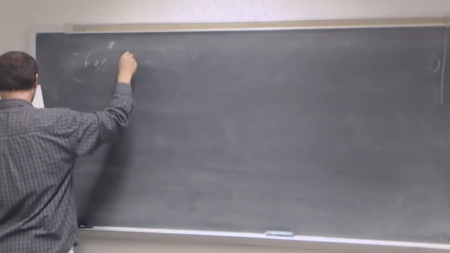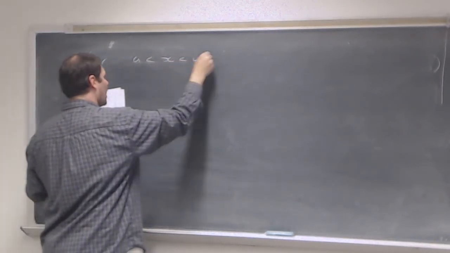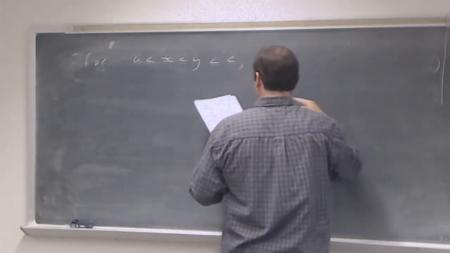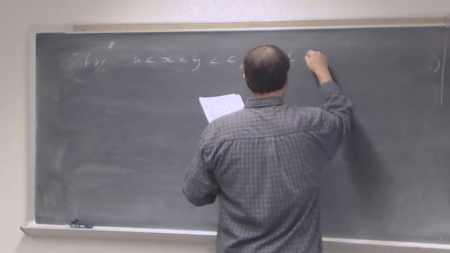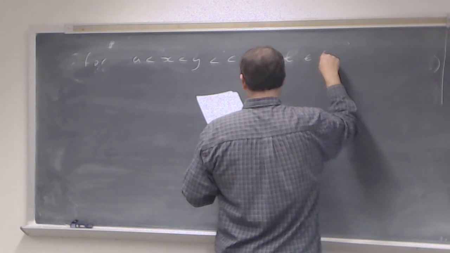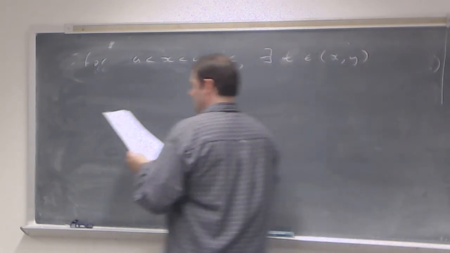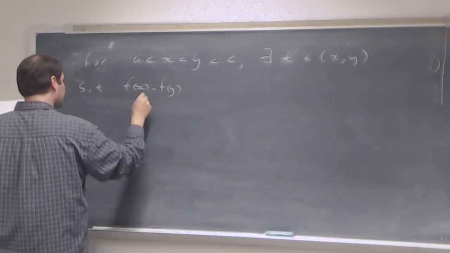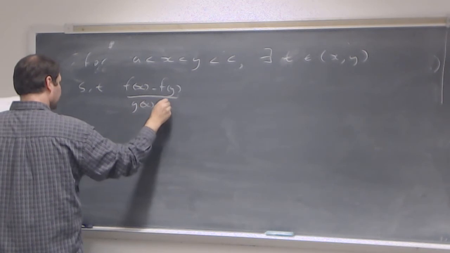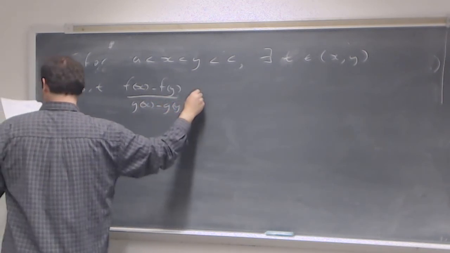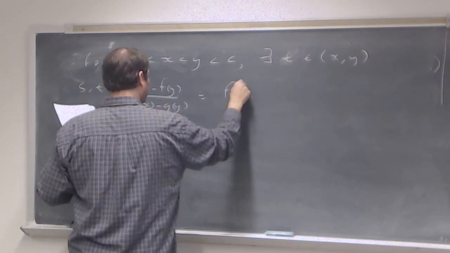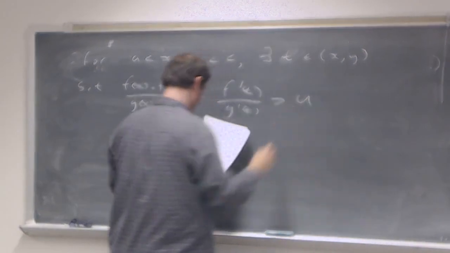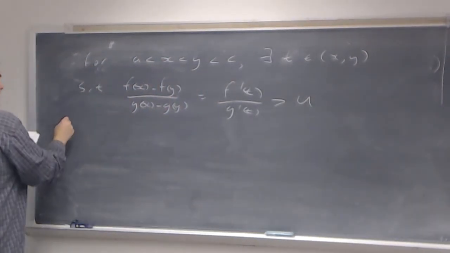So for a < x < y < c, anytime you give me an x and y to satisfy this, there exists a T, an element of (x, y), such that (f(x) - f(y)) / (g(x) - g(y)) is going to be equal to f'(t) / g'(t), which we know to be greater than u.